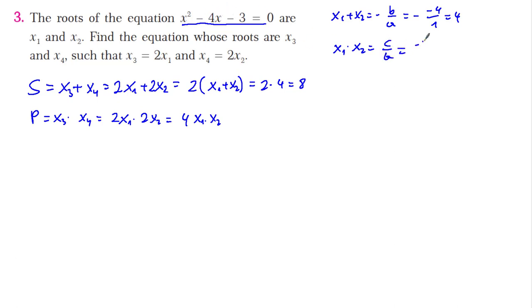So that's negative 3 over 1, that is negative 3. So 4 times negative 3, that's negative 12. Substitute into the equation: x squared minus the sum, 8x, plus the product, negative 12. That's it.